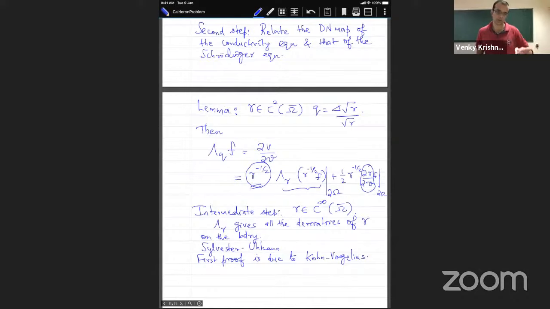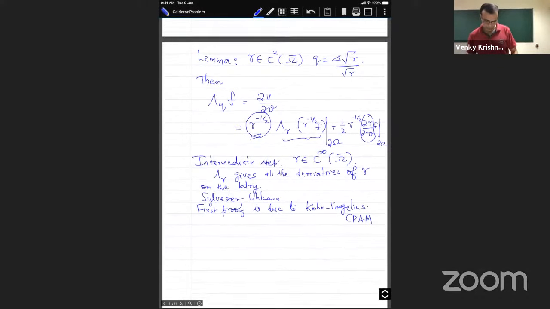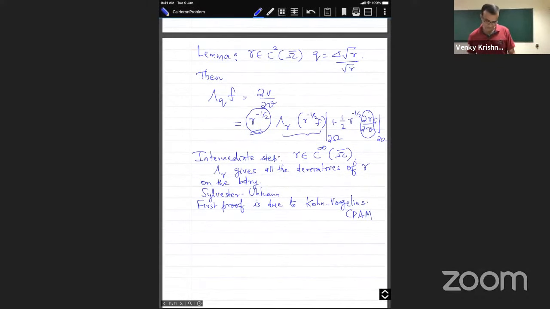I don't remember the year, but it came in CPA. I believe the proof of Sylvester and Uhlmann is also in a CPA paper, but the first proof is due to Kohn and Vogelius.